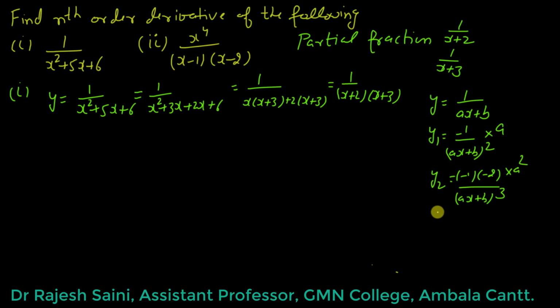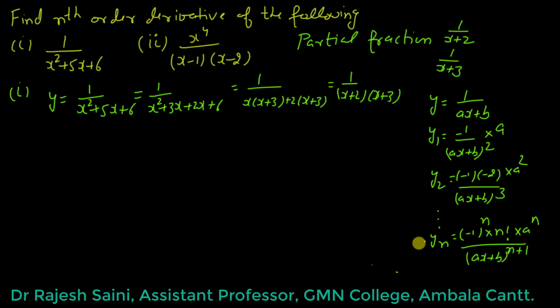So it will be minus 1 raised to the power 2, and 1 into 2 is 2 factorial, so in the end it will be n factorial. It is a square and here is 2, so it will be a raised to the power n divided by ax plus b raised to the power n plus 1.